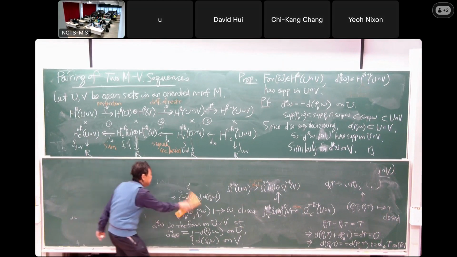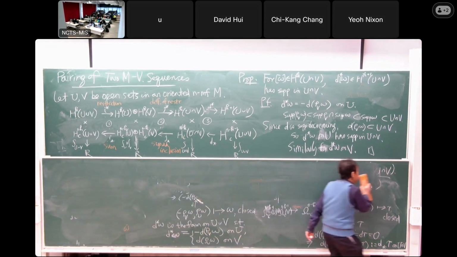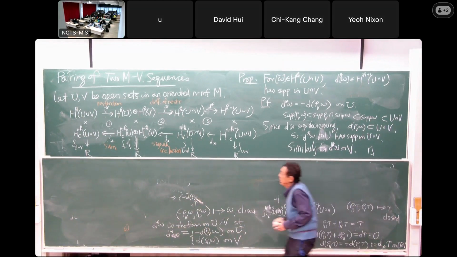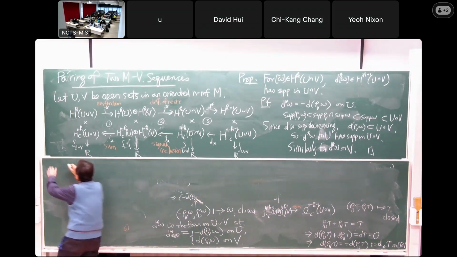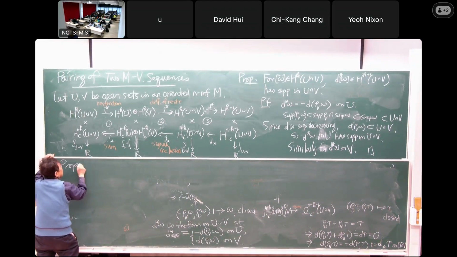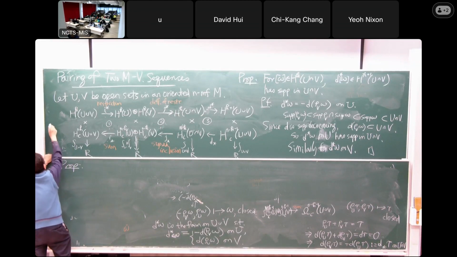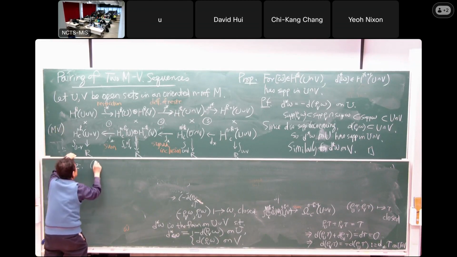Let's call this a proposition, and I'll call this diagram the Mayer-Vietoris diagram.